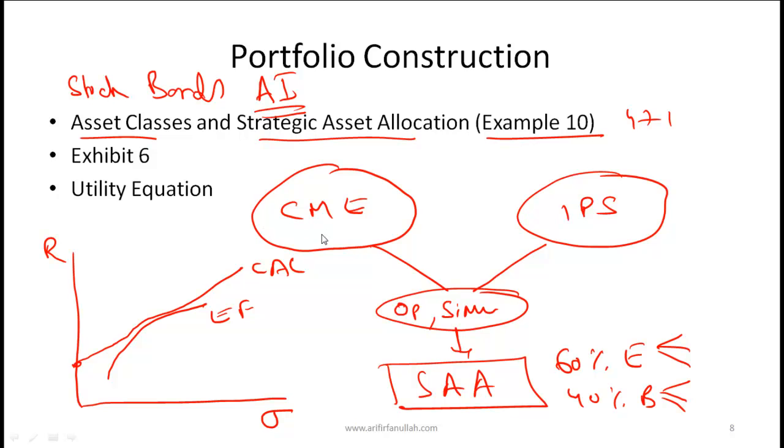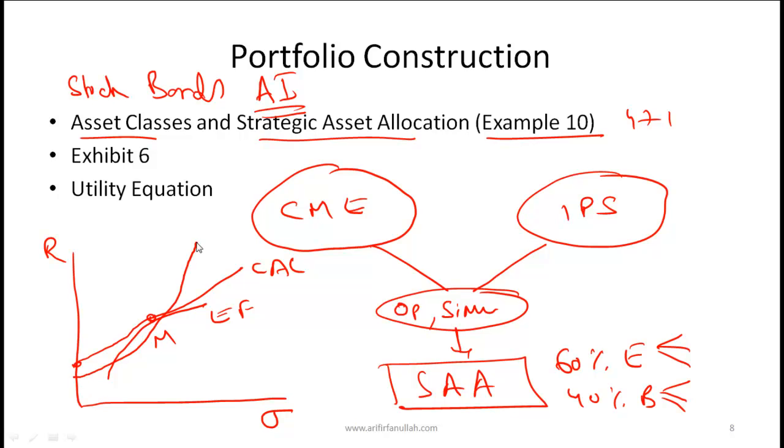So essentially the capital allocation line comes from capital market expectations. And then the IPS helps define the utility curves of our client.